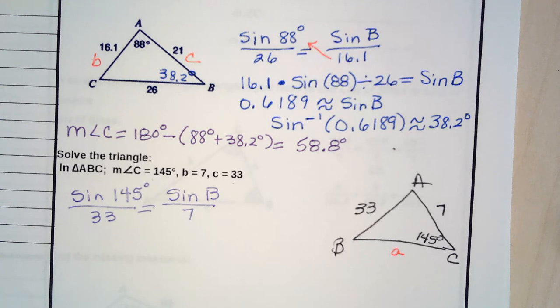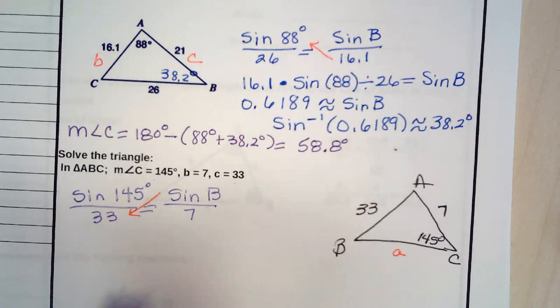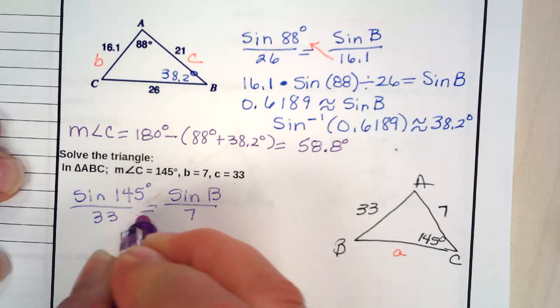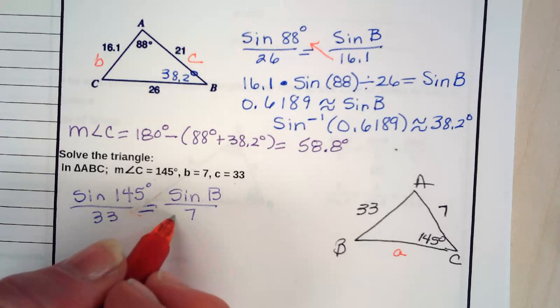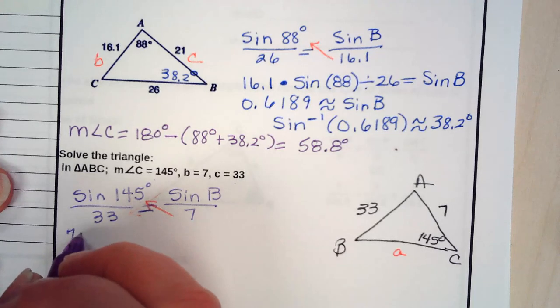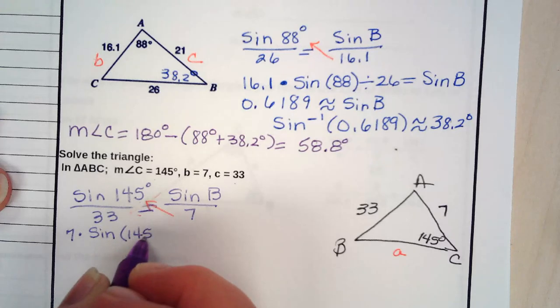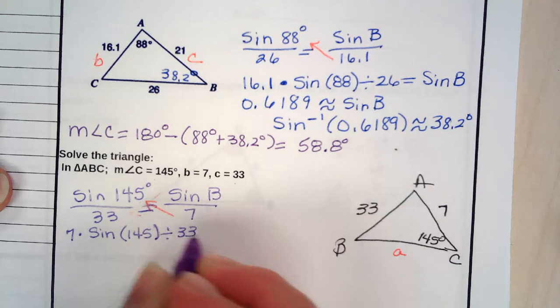Look at how it's set up and think about where everything goes. Start off with multiplying. Whoops, wrong way because I don't have a number there. So I'll take 7 times the sine of 145, and I put that second parentheses in, divided by 33.